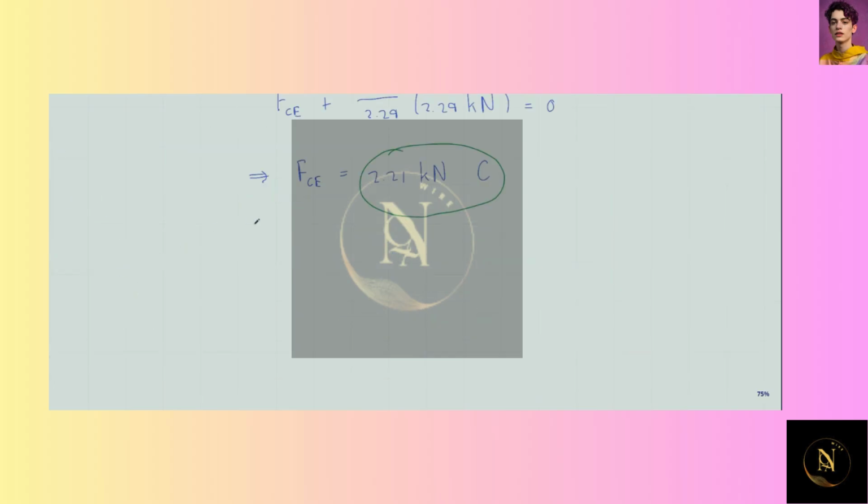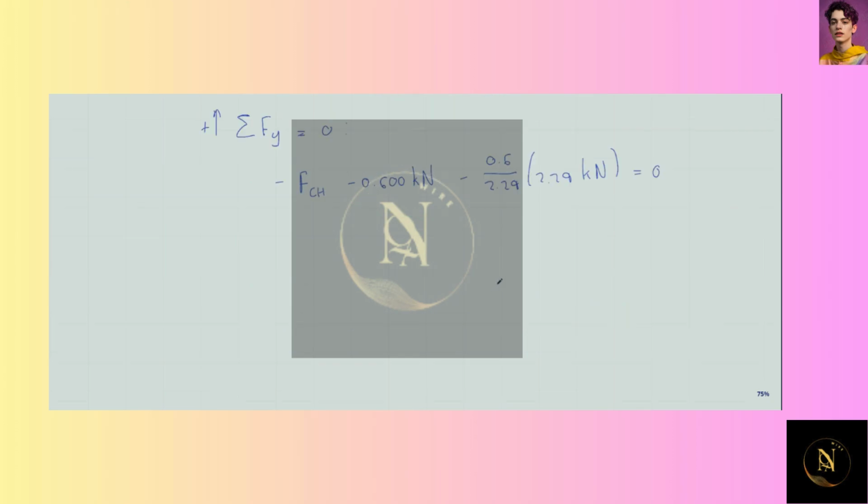Using the same free body diagram, we'll now look at the vertical components, taking again upward direction to be positive. The sum of the y components of the forces must again equal 0 for equilibrium. So minus FCH minus 0.6 kilonewtons minus 0.6 over 2.29 into 2.29 kilonewtons is equal to 0.